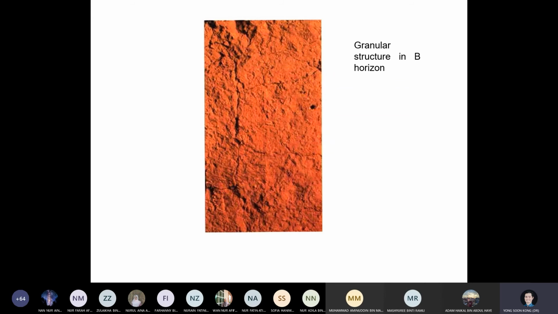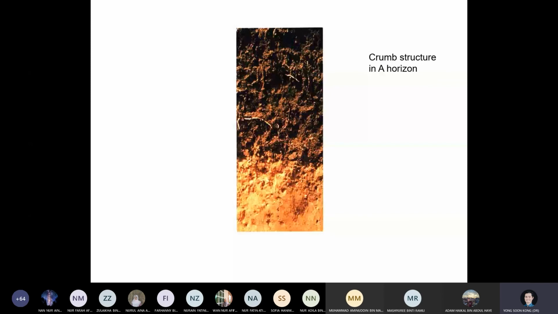Clay can also stick together and aggregate, with different moisture content. But of course, the one that I said is good for the soil is the A horizon. They aggregate together due to high organic content.